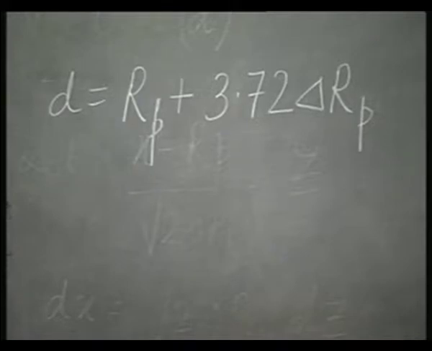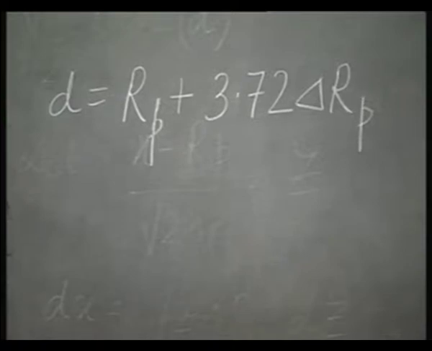All I am trying to say is the masking layer thickness is greater than the projected range by a multiple of delta rp. It's greater than rp by nearly 4 times delta rp.